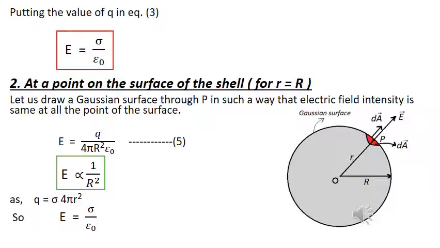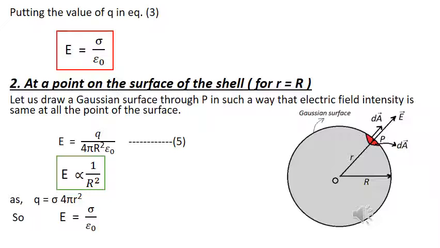The next point is electric field intensity at a point on the surface of the shell. In this case, the point of observation will lie on the surface of the shell. Therefore, small r will be equal to capital R. Now we draw the Gaussian surface through P, which will lie on the surface of the spherical shell as shown in figure.